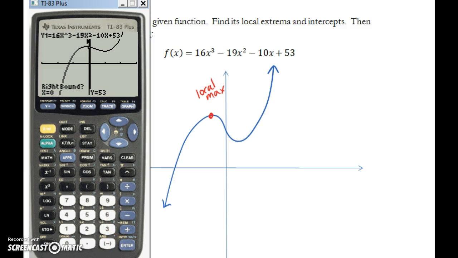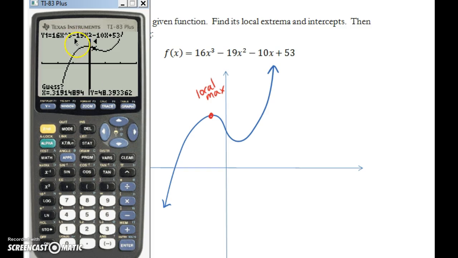Oops, I think I made a mistake here. Let me try that again. So calculate maximum. Left bound first, so move it to the left side of that peak here and hit enter. When it says right bound, move the cursor to the right side of the peak and hit enter.